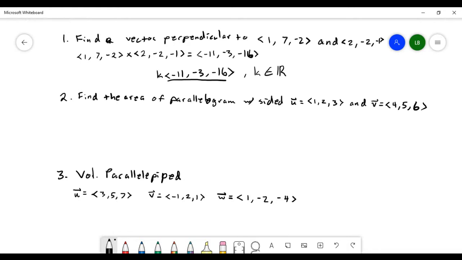All right, number 2, remember the area of a parallelogram is going to be the magnitude of the cross product. And in this case, the cross product worked out to be the vector (-3, 6, -3).